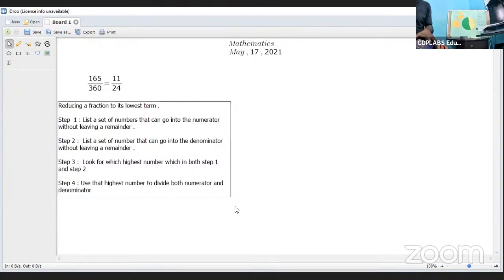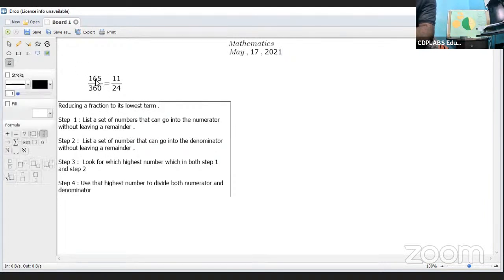All right, so I'm going to show you now how that works. Now, based on what Ashley did, she started off with 5, but you could have factored out 165 by listing. So the 1 can go into it, 2 can go into it. So start dividing the numbers by other numbers, see which one goes in without even a remainder.